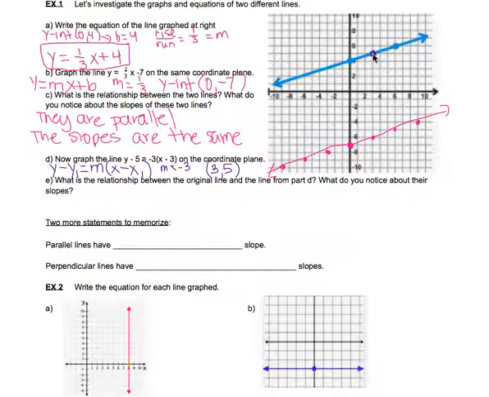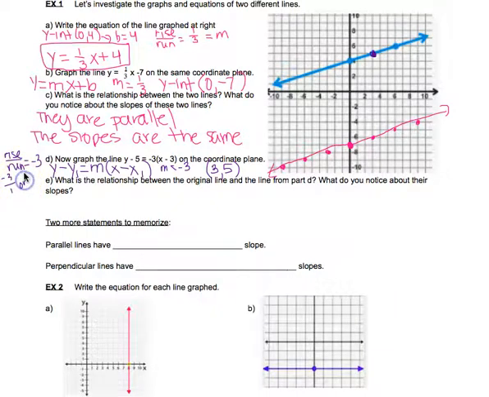But from here, we are now going to do a slope of negative 3. So that means that my rise over run has to equal negative 3 in this case. So that could mean that it's negative 3 over positive 1, or it might be negative 6 over positive 2, any of those values.